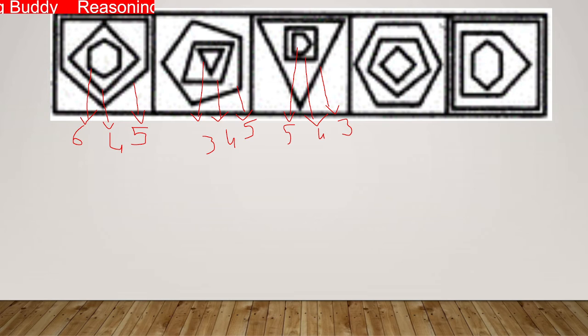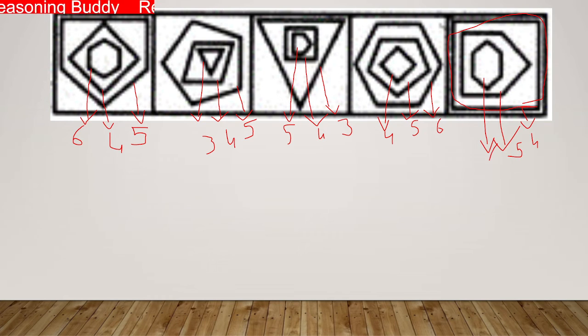In figure 4 the outline is a hexagon, 6 line segments, and a pentagon, 5 line segments, and a rhombus, 4 line segments. And in figure 5, you can see a square, 4 line segments, a pentagon, 5 line segments, and a hexagon, 6 line segments.